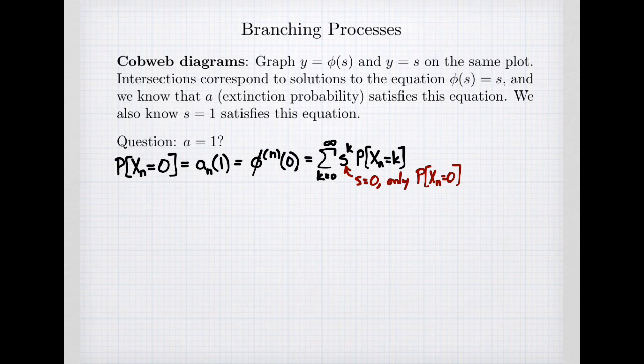So what this tells me is that if I want to know the probability of extinction at generation n, this is equal to phi, by the recursion of our previous result, of the probability at generation n minus 1, which is equal to phi of generation n minus 2.